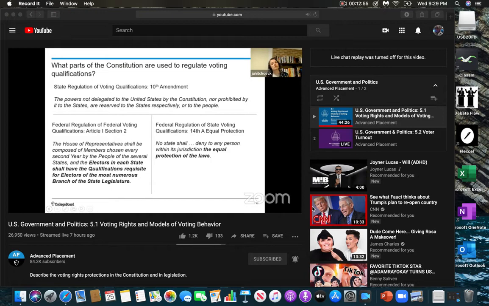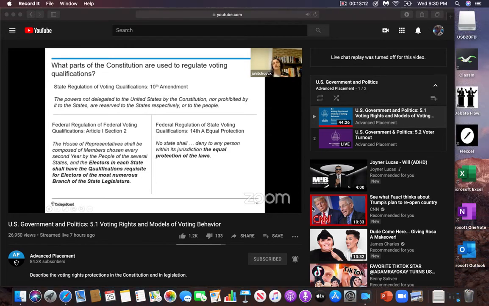But before we leave this slide, we want to know, how does the federal government get involved? And there are 2 different sections in the Constitution that help us understand that. First, if we want to know how the federal government regulates federal voting qualifications, they're tied back to the qualification for the most numerous branch of the state legislature. You'd have to go back and take a look.